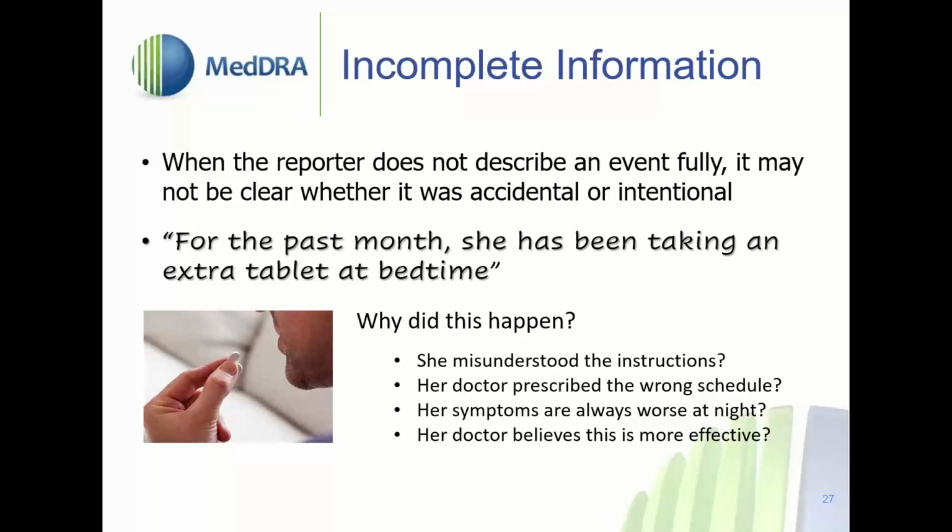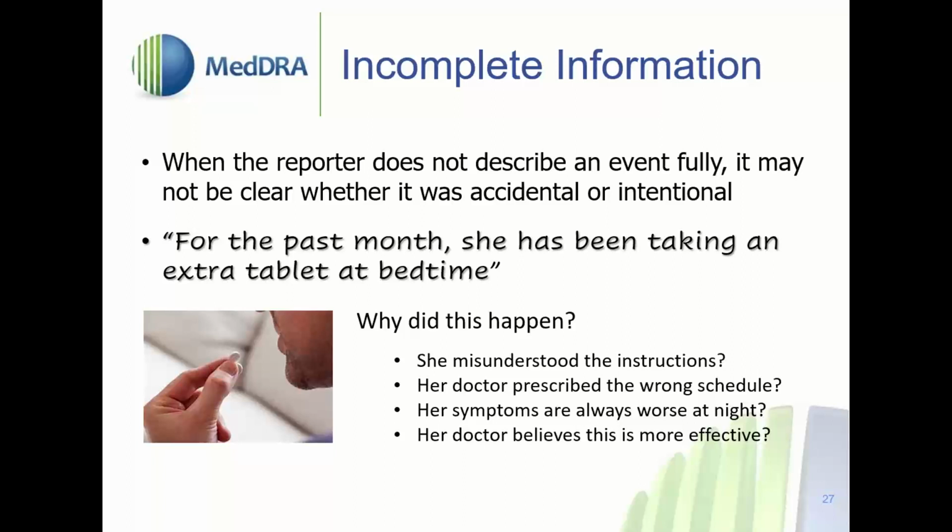Did the doctor mistakenly give her the wrong schedule with the prescription? This would also represent a medication error, in this instance a prescribing error. Or is the patient's discomfort getting worse at bedtime, and so she decided to take one more tablet? This scenario would constitute an intentional drug misuse. Or did the doctor decide to use the drug off-label because he was convinced that the treatment would be more effective this way? So our case information does not allow for any of these classifications.